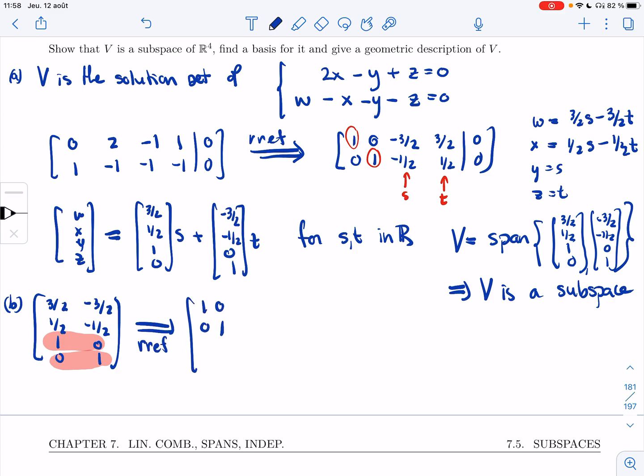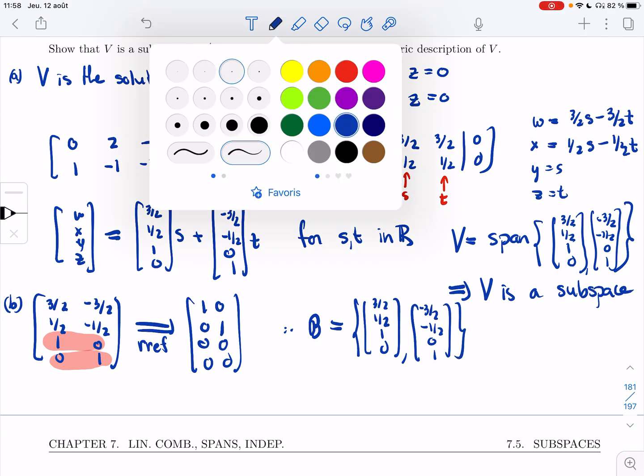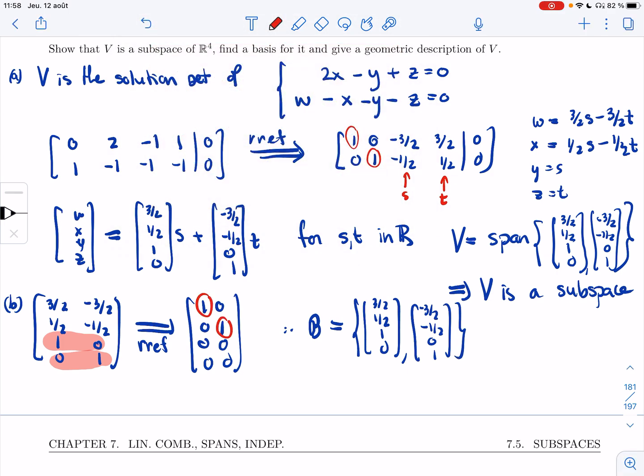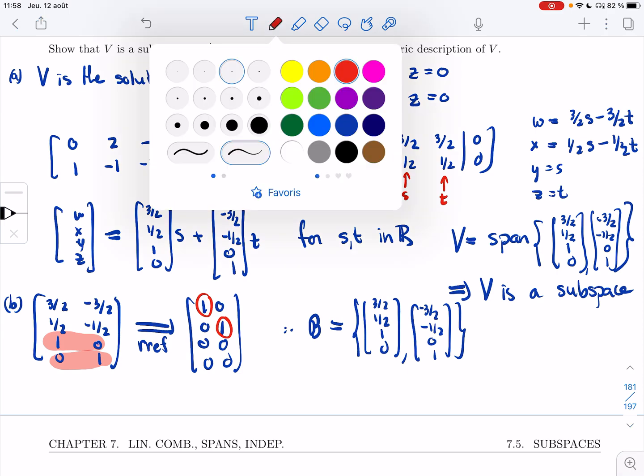I'm going to bring these to the top, and then I'll be able to get rid of everything else. And so my basis is going to be exactly those two vectors. They're linearly independent. Remember, you keep the ones corresponding to leading ones. So this is your basis.